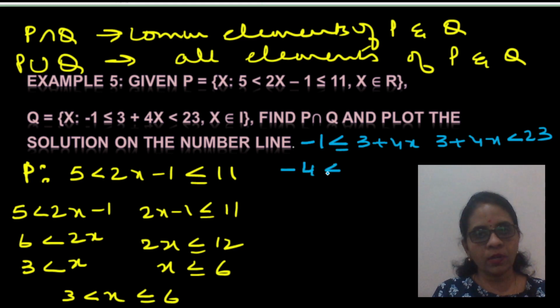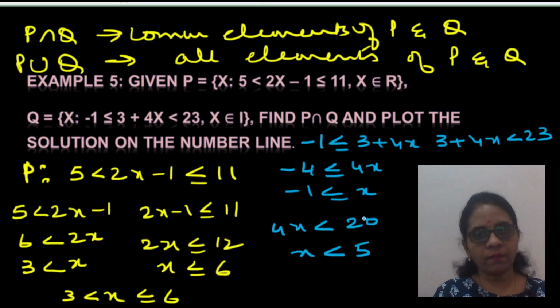So minus 4 is less than or equal to 4x, so minus 1 is less than or equal to x. Now 4x is less than 23 minus 3, which is 20, so x is less than 5. So what is the common solution set? It is minus 1 less than or equal to x less than 5.